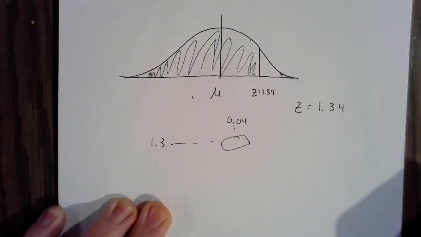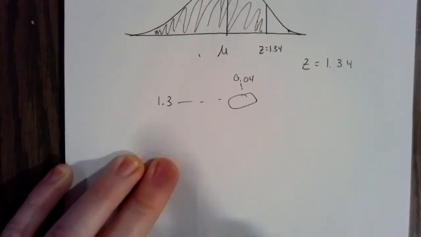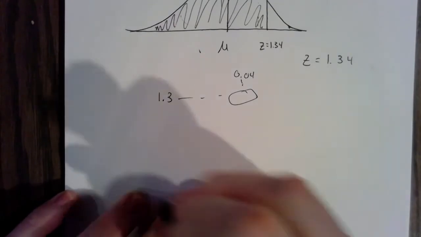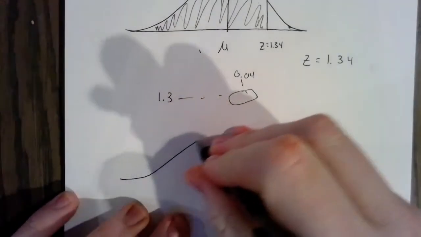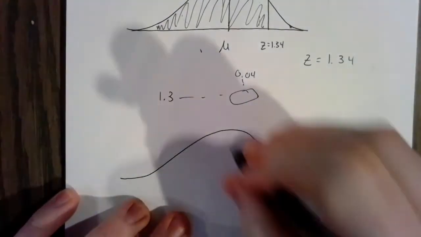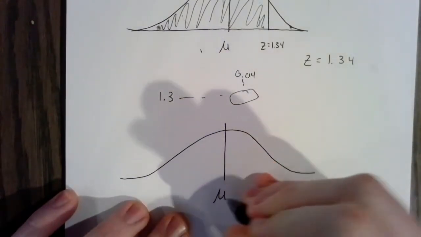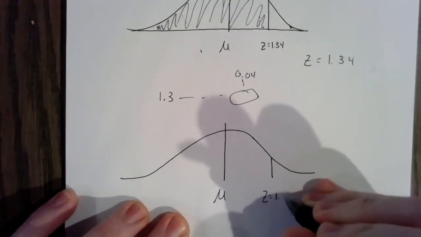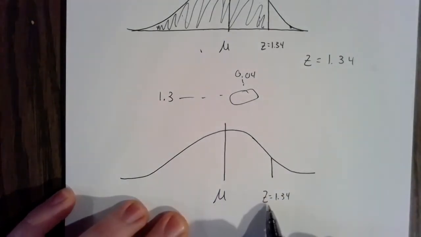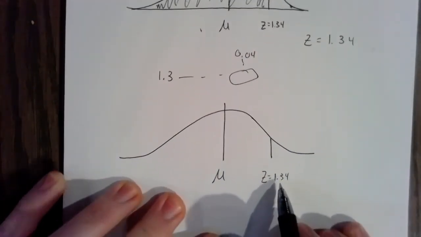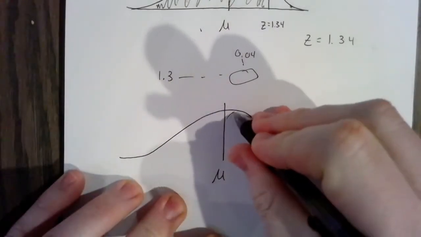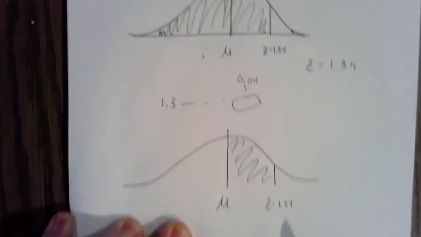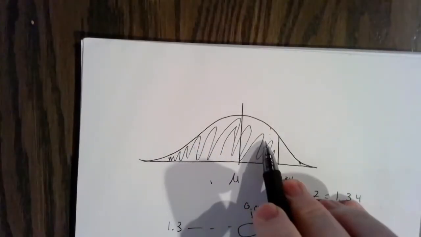On our homework, we had some questions where we had to find things like the percent between the mean and 1.34. If we think about that problem, we've got the mean right here and 1.34 out here. Z equals 1.34, so this is mu plus 1.34 standard deviations. If I want the area in between, I can use my table to find this big area.